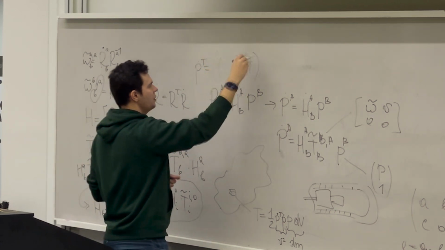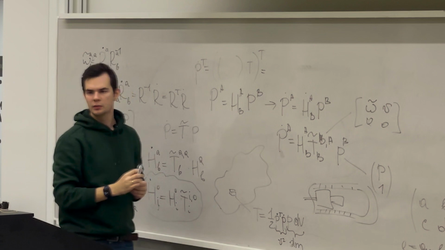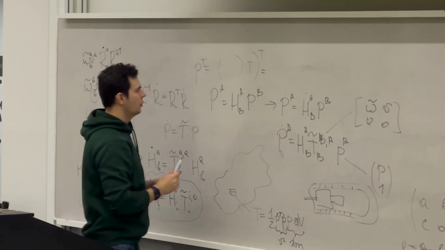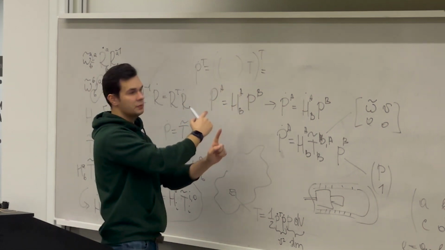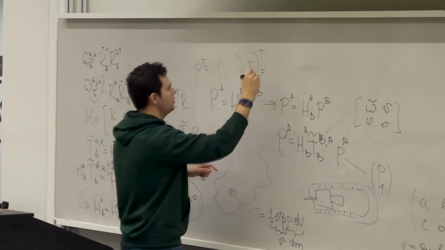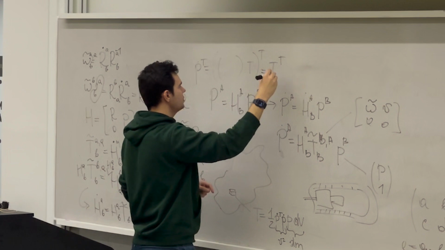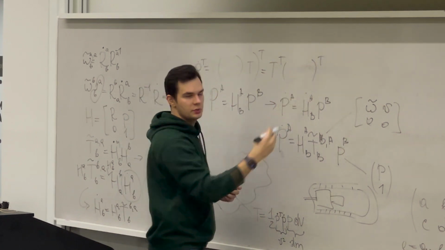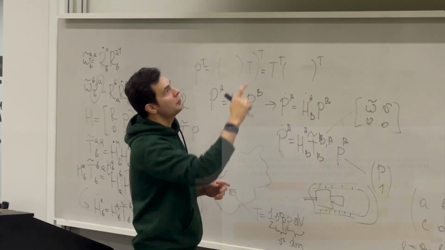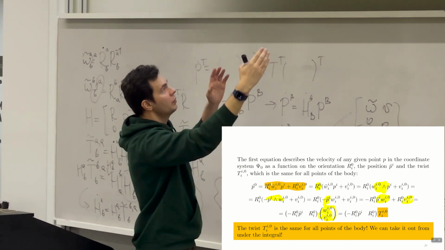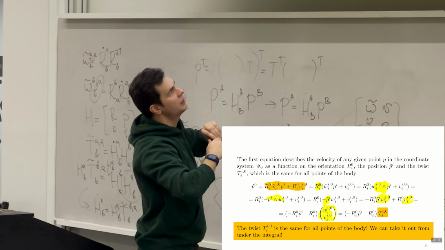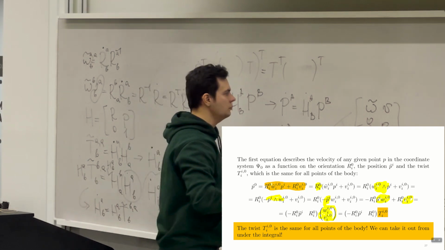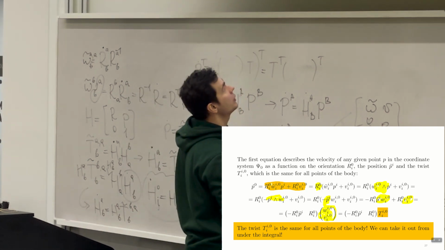And all this needs to be transposed, okay? So when we do the transpose, we need to switch places, yeah? And it will be then twist transpose and this bracket transposed. So if we do the transpose of this minus R P tilde, we will have the following.